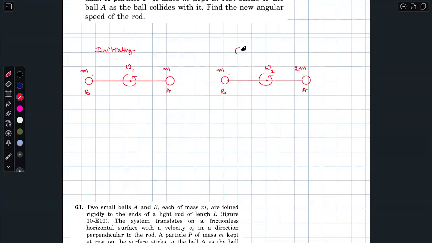Finally, remember, you can conserve the angular momentum of the system still about the axis of rotation. Law of conservation of angular momentum applies about the axis of rotation.